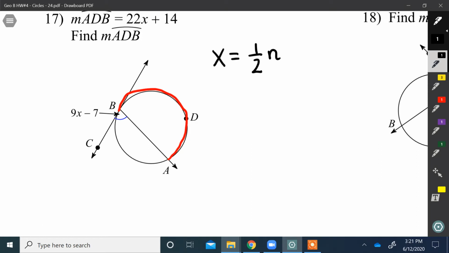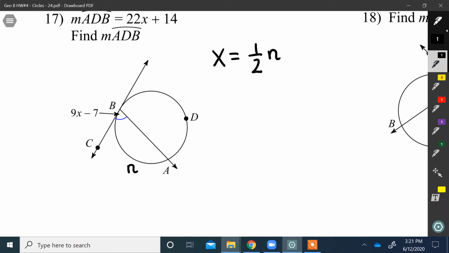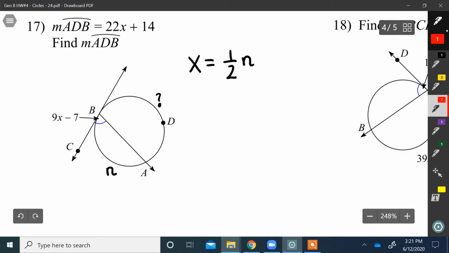The x in this case, again guys, this right here is n, and we need to find that. That's the only way we're gonna be able to figure out what this right here is. That's the question mark we're looking for. And I'll explain in a second how do we find that. But first of all, the x right here is this right here.